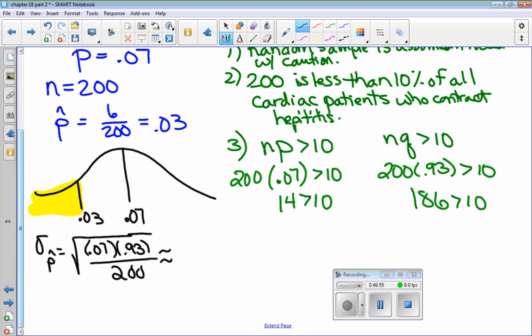So not very, so 0.018. Is that small? What's small enough? So Devin suggests more than 3 standard deviations away from the mean.